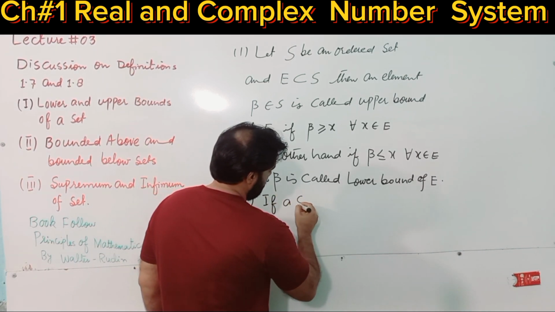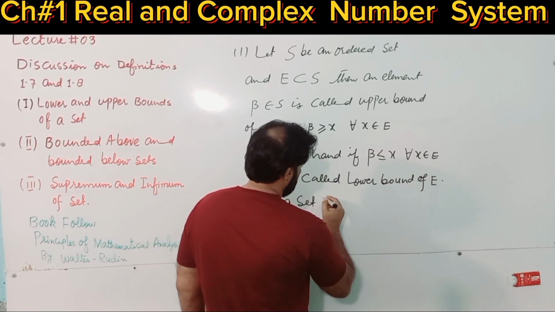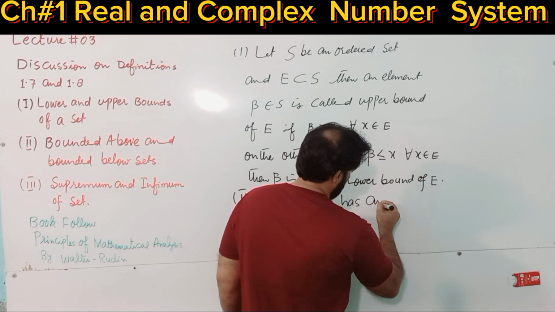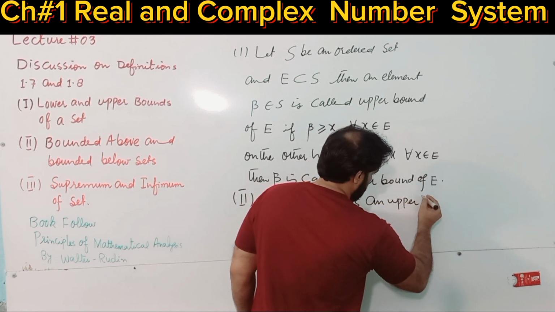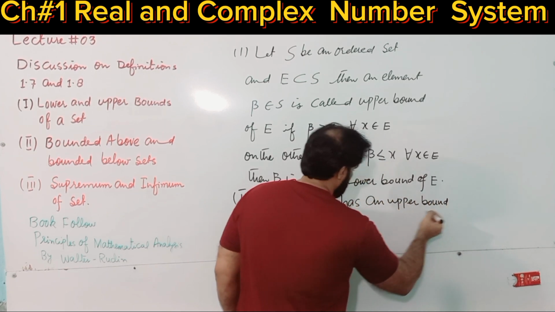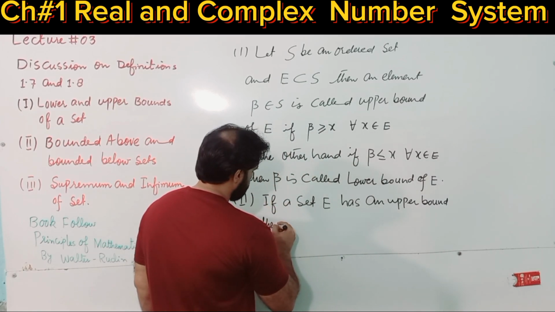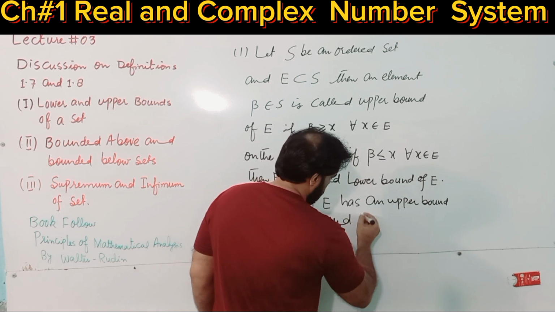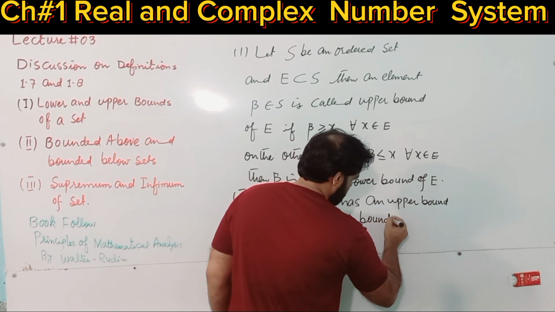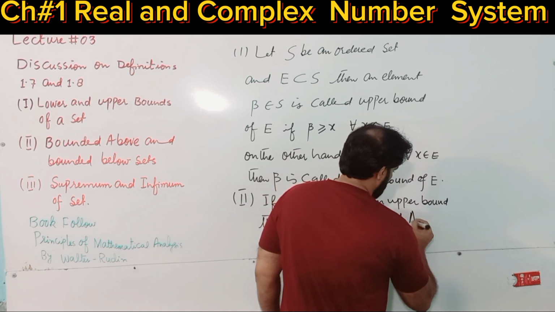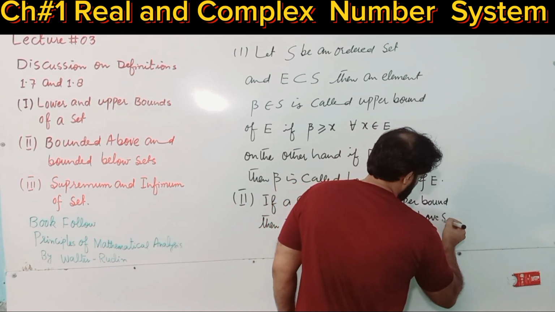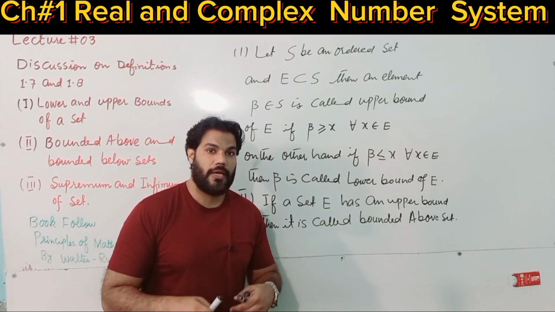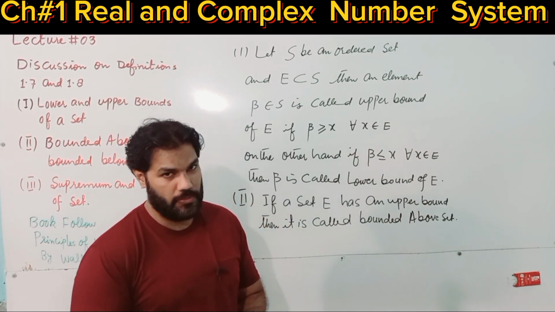If a set E has an upper bound, then it is called a bounded above set. And similarly, if a set E has a lower bound, then set E is called a bounded below set.